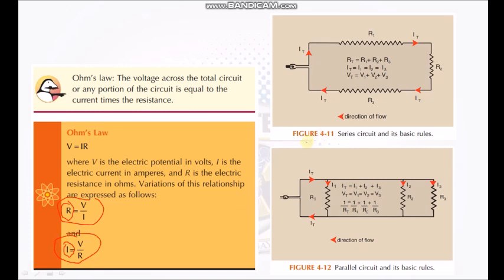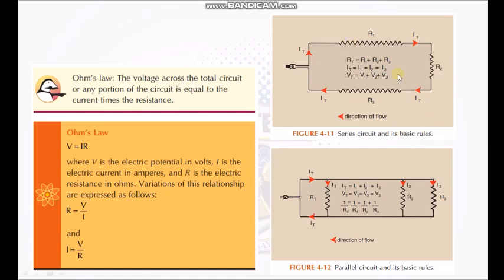In relation to different electric circuits, you have series and parallel circuits. These are very familiar terms when it comes to electricity. What is the main difference between series and parallel circuits?